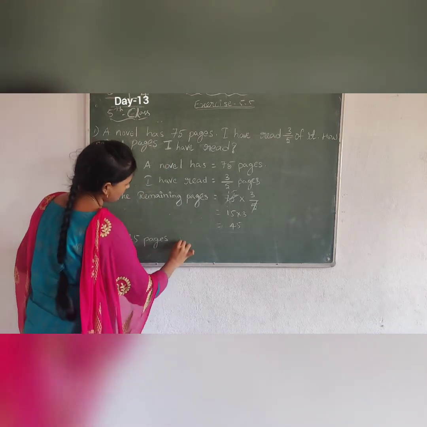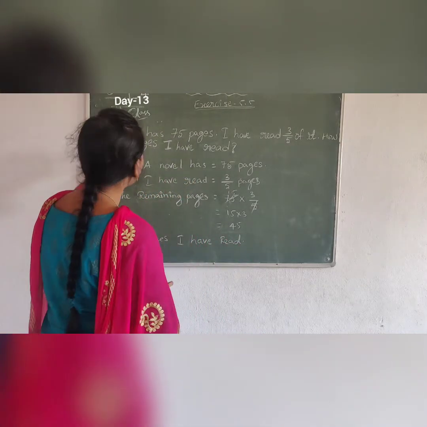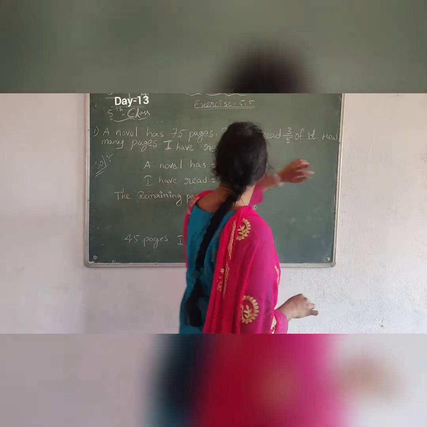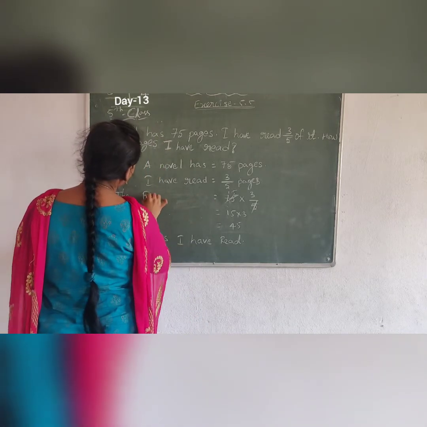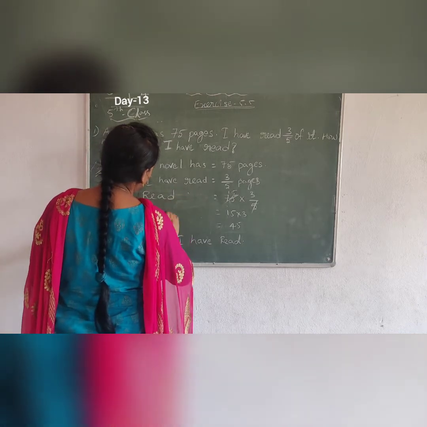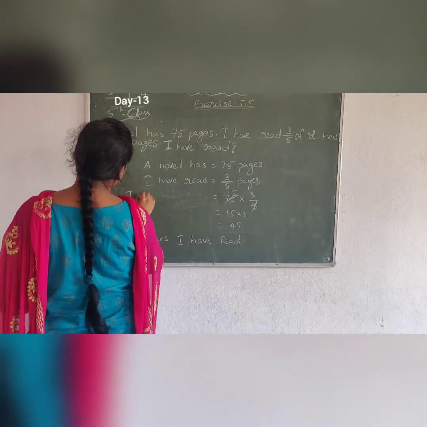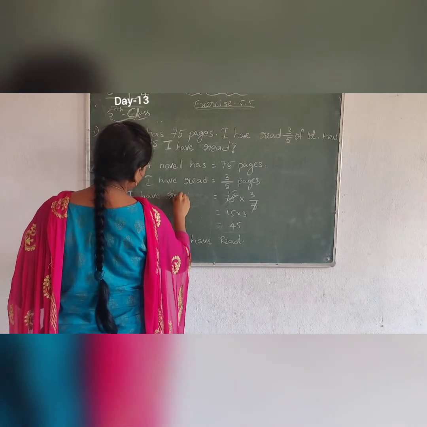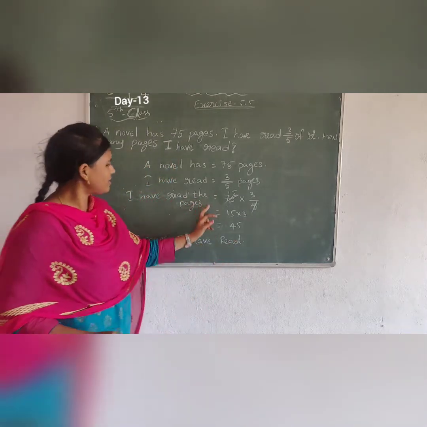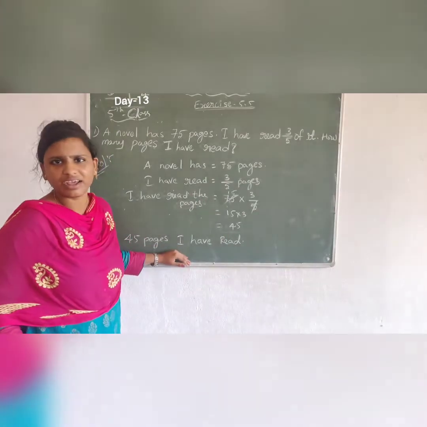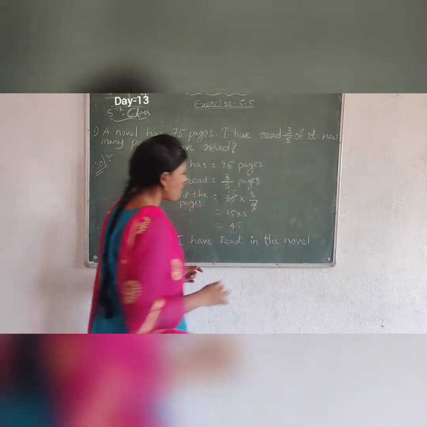I have read 45 pages in the novel. Understood, children? Now write down this sum.